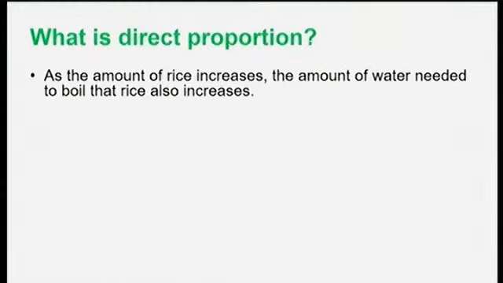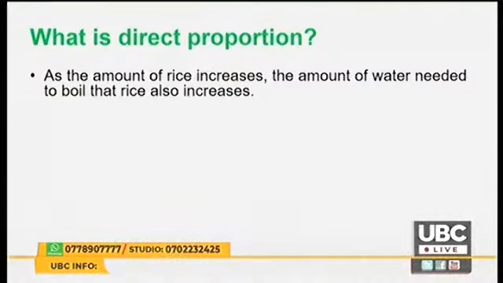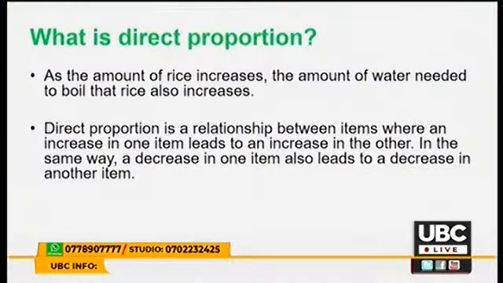Now we have noted that as the amount of rice increases, the amount of water needed to boil the rice also increases. This we have seen. So direct proportion is a relationship between items where an increase in one item leads to an increase in the other.